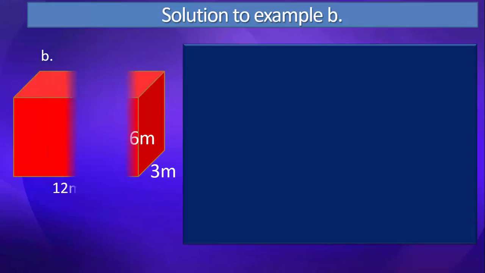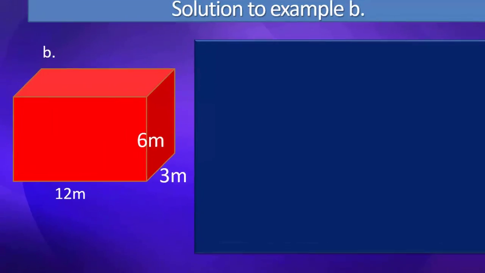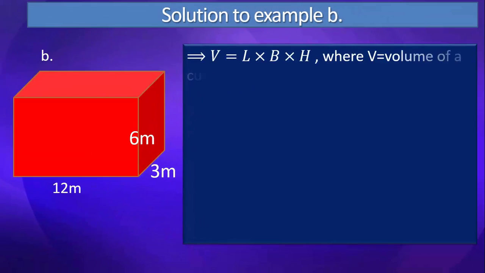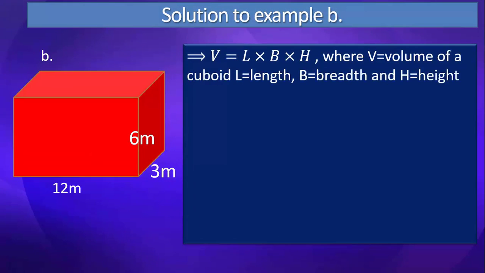Now, considering the second one and reconstructing it and labeling the parts, we also know that V = L times B times H, where V is equal to the volume of a cuboid, L is the length, B is the breadth, and H is the height. Take note, we are calculating for a cuboid since not all the sides are equal.